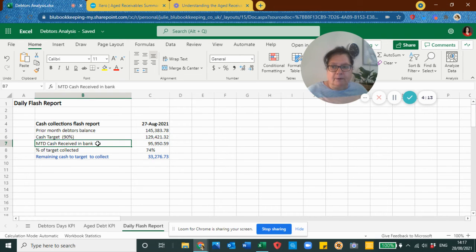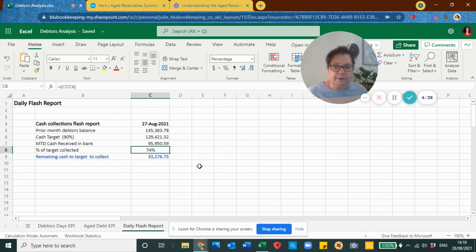So far in this month, month to date, we've got 95,000 that has been collected. So it's on target, assuming that I don't know how much cash comes in on a day-to-day basis. And again, that's another KPI that I do keep an eye on, of how much is coming in daily as it trickles through.